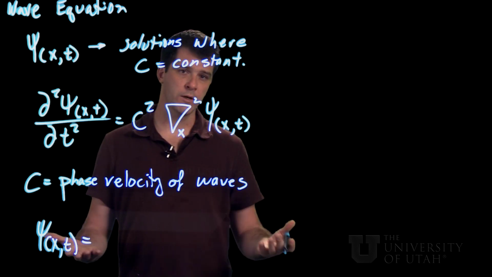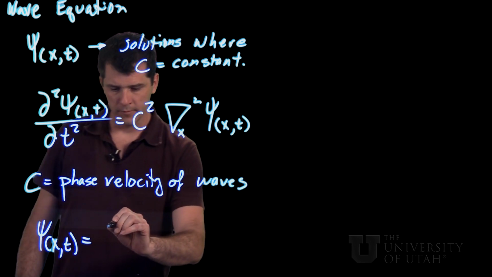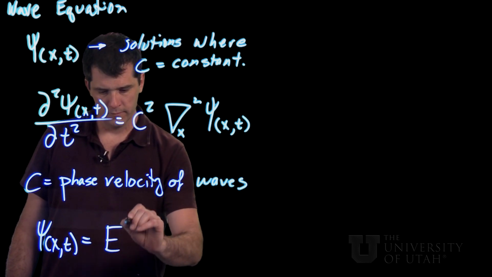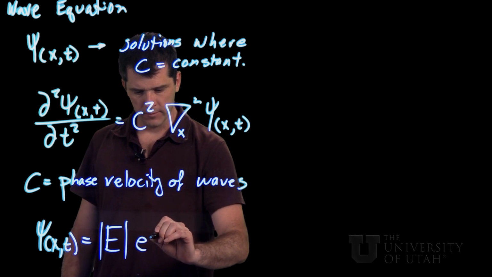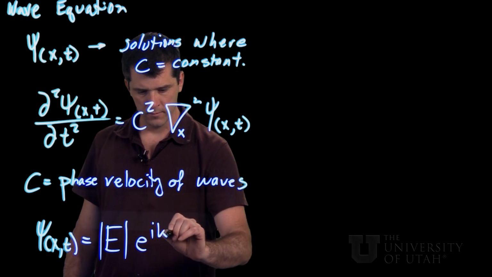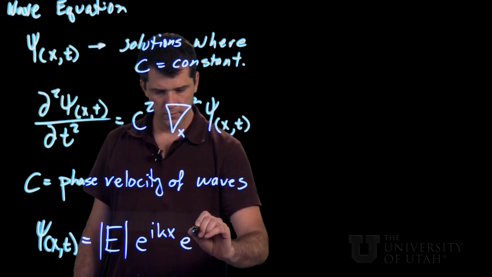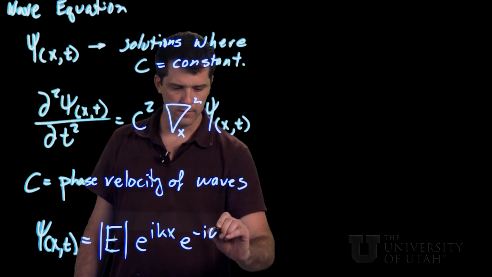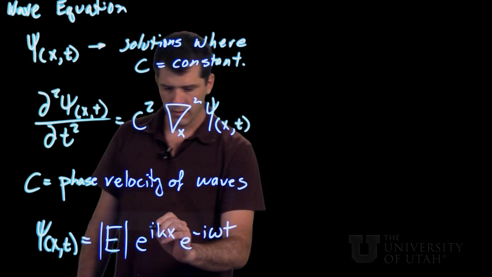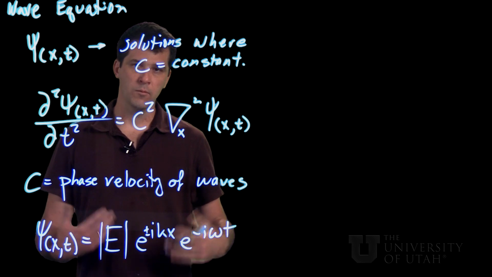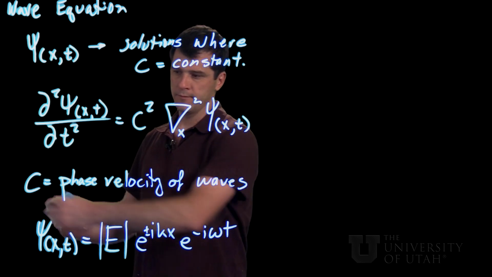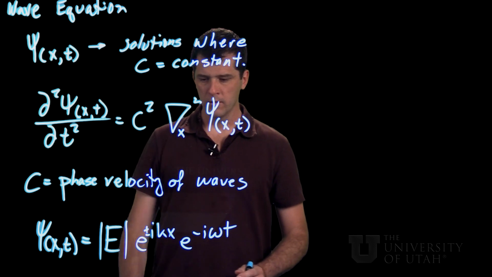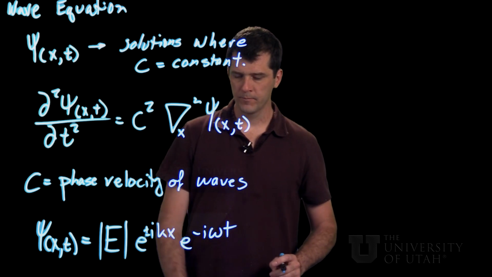So if we're talking about electromagnetism, we would represent that as the E field magnitude times e to the i kx, e to the negative i omega t. And in a homogeneous medium, there's no difference between traveling to the left and traveling to the right, and so we can have the plus and minus signs there.